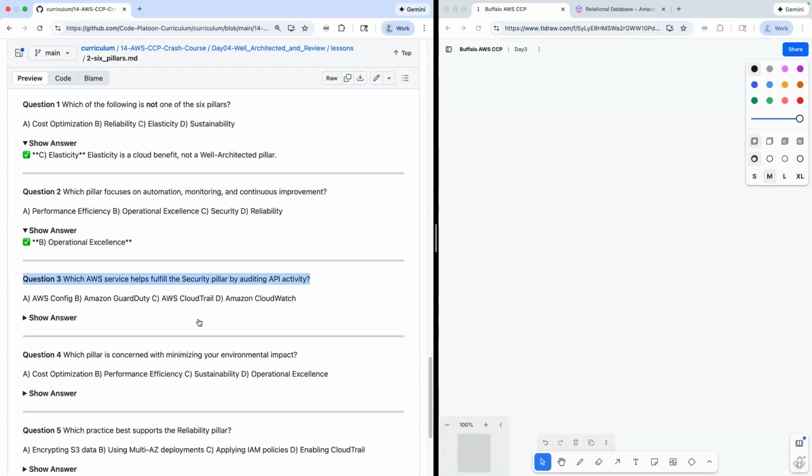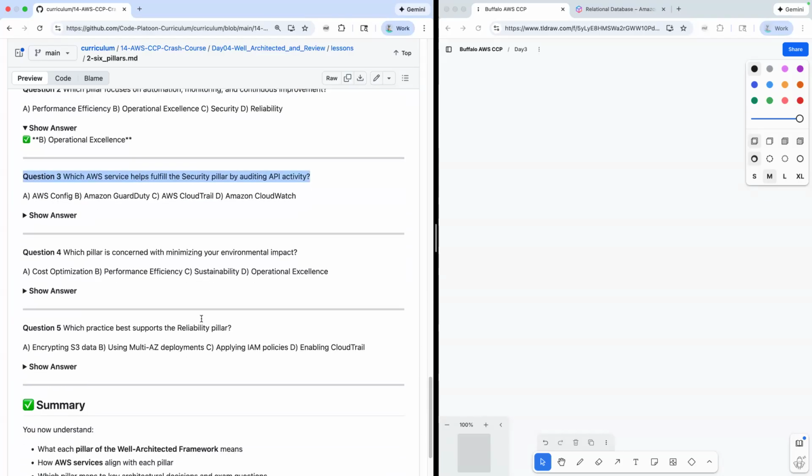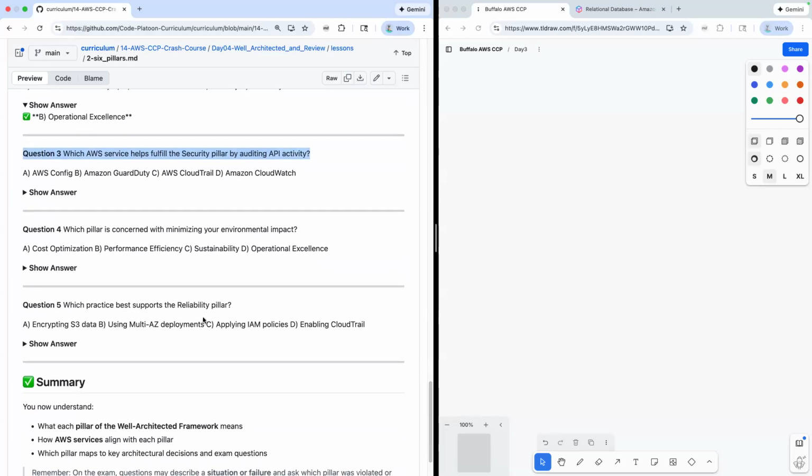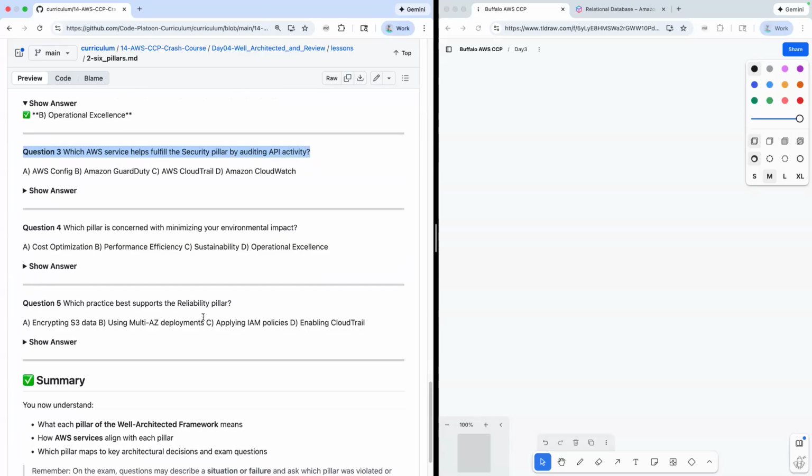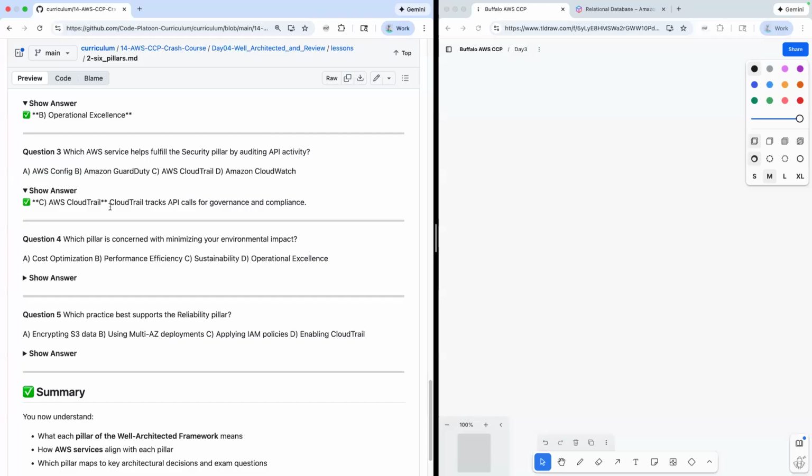Cricket, what AWS service helps fulfill the security pillar by auditing API activity? CloudTrail. Yes, sir. Good job.